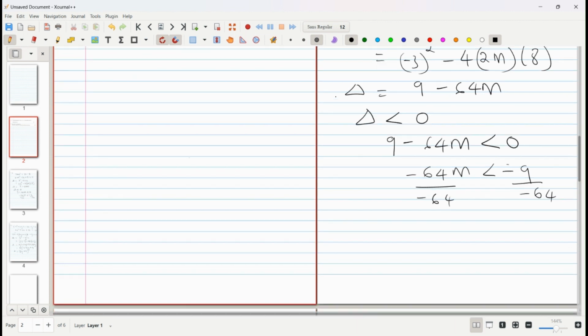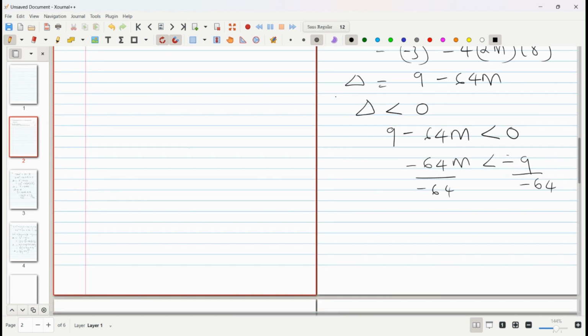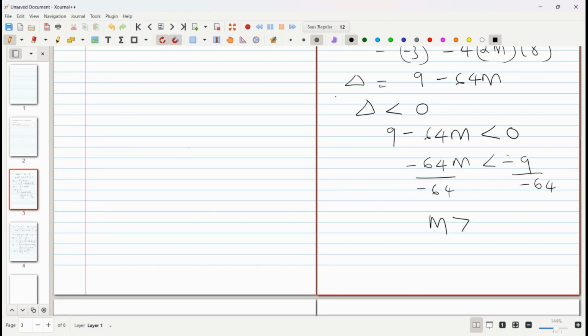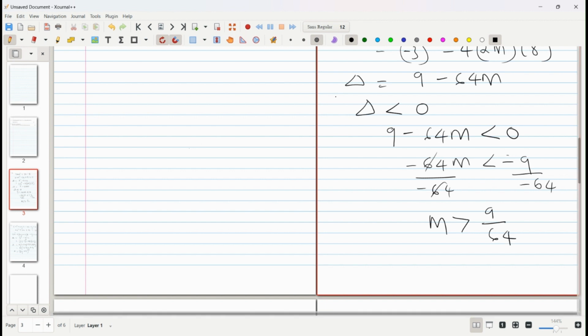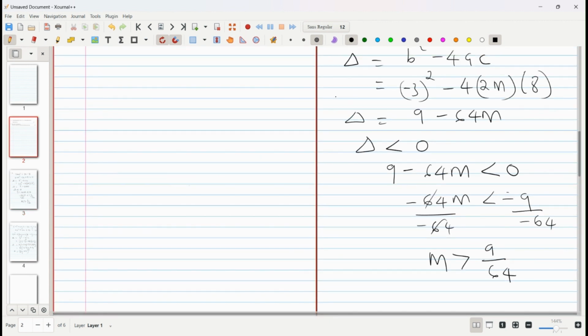So instead of less than, it will be greater than. So m will be greater than negative 9 divided by negative 64, which is now positive 9 divided by 64. Okay, so our final answer, m is greater than 9 divided by 64. So this is our final answer.